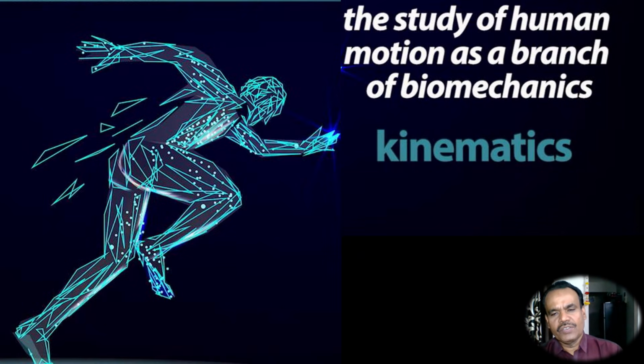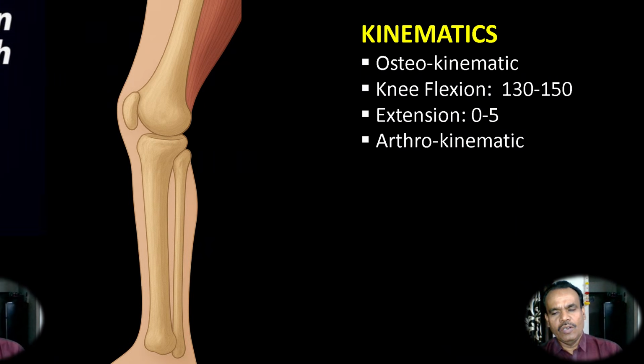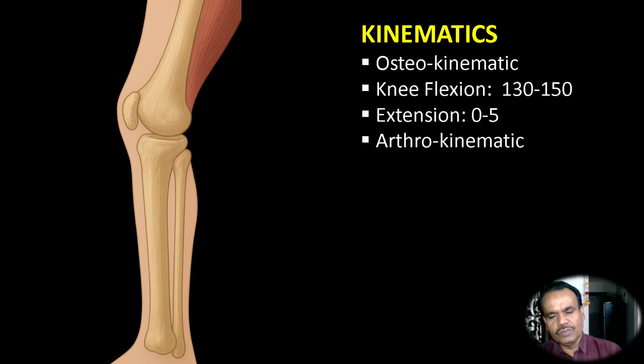Now, kinematics, the study of movements or motion as a branch of biomechanics, is called kinematics. From the kinematics point of view, let's first talk about osteokinematics. In osteokinematics, we have knee flexion range of 130 to 150 degrees, and knee extension is considered 0, or we call it full or 180 degrees, or sometimes it can be up to 5 degrees.